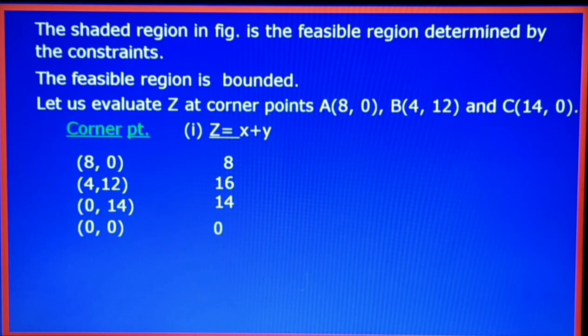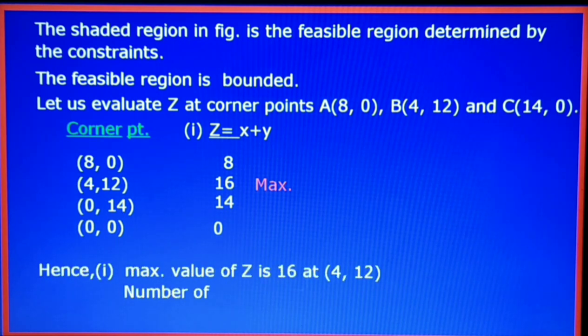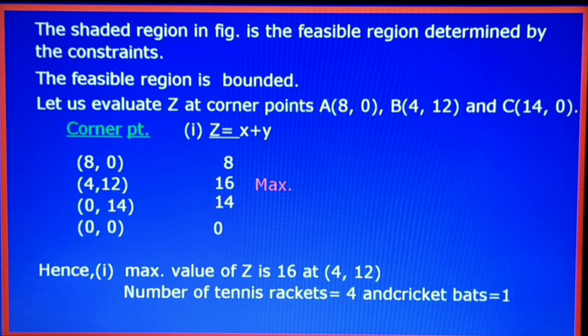Among these, maximum value is 16 at point with coordinates 4, 12. Hence, maximum value of z is 16 at point with coordinates 4, 12. Number of tennis rackets is equal to 4 and number of cricket bats is equal to 12.